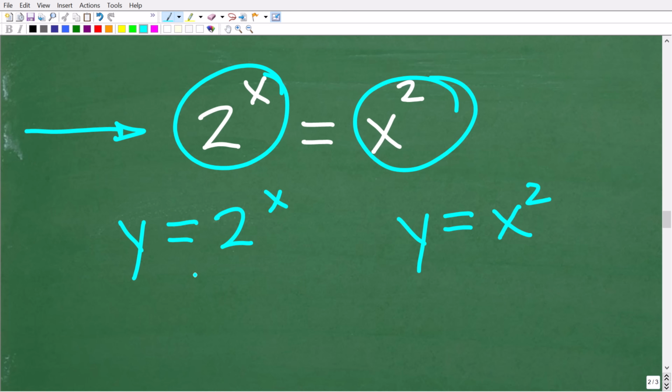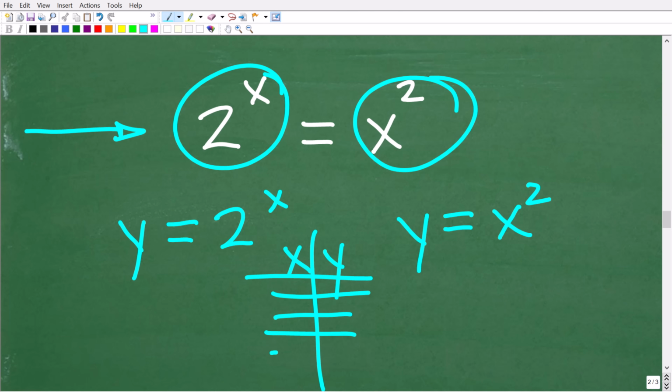Now, even if you don't know how to graph these functions, or if you don't know the general graph of these functions, you can always create a simple table of values x, y, and plug in a bunch of numbers and basically connect the dots and you'll get a graph. So in other words, we can plug in like -2, -1, 0, 1, 2, 3.